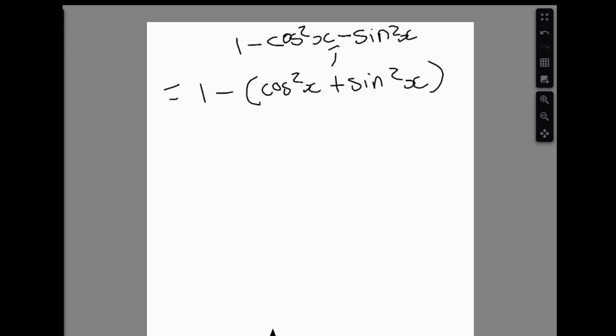We just need to multiply the negative in. But now we know that 1 minus this is 1. That means the simplification of this is 0. Okay?